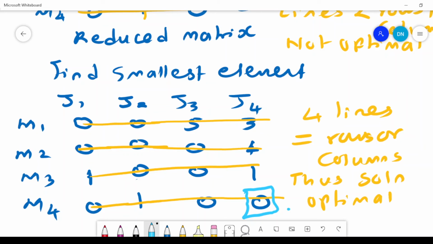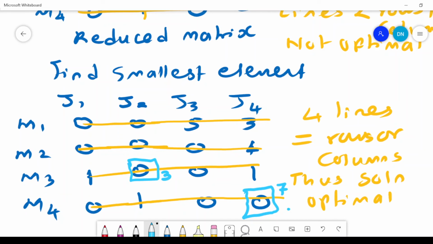Now, looking at the smallest value, machine 2 and 3 can do job number 3. And also, machine 3 can do job number 2. Since job number 2 has the smallest value of 3 from the original matrix, this was a 3 and this was a 7, I could assign machine 3 to job number 2.